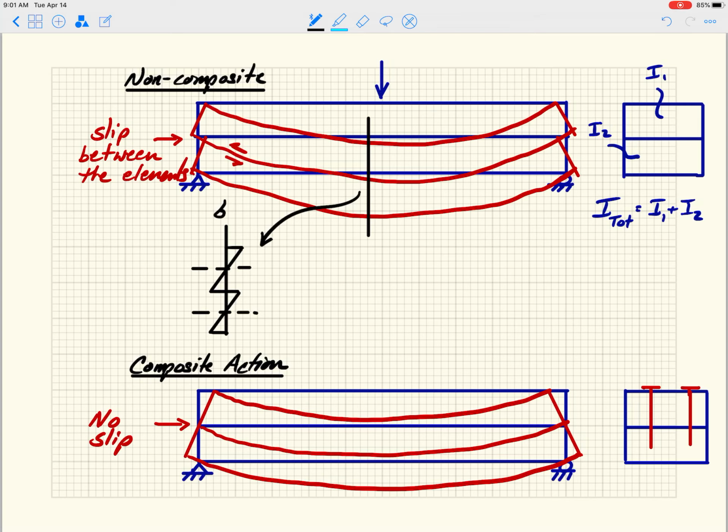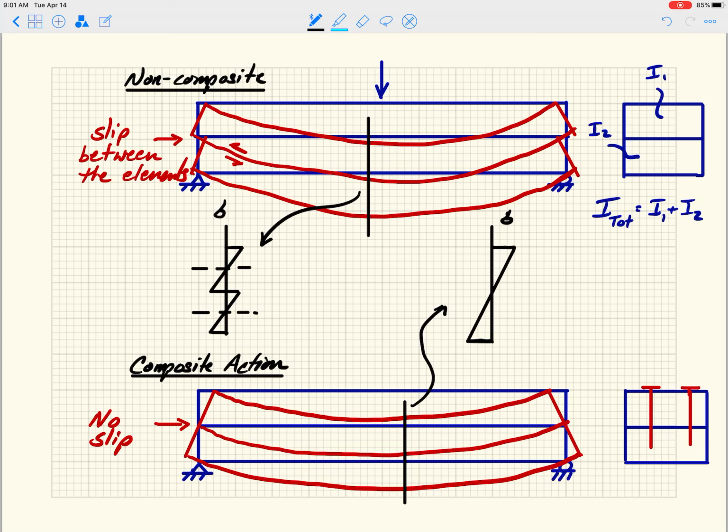So this is what we refer to as composite action. Now if we were to look at the stress of this cross section, it would be like this and like that.